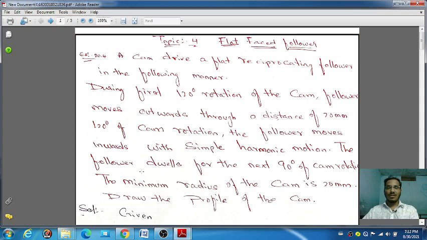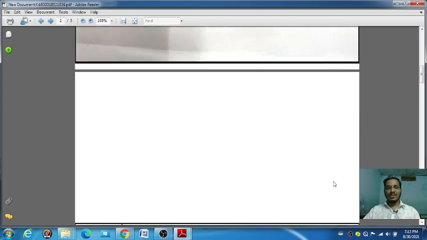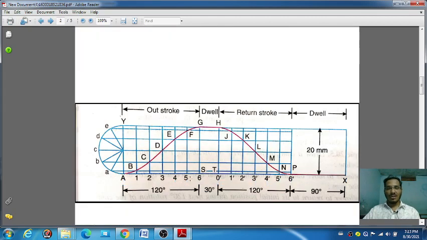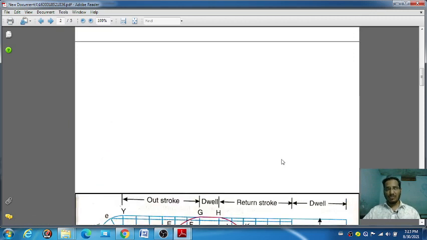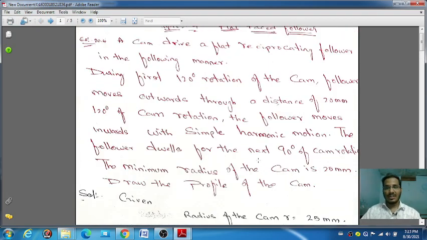Here the question is saying the follower dwells for the next 90 degrees of the cam rotation. You can see here 120 degrees is given for the outstroke, and for the return stroke the value is not given here, 30 degrees, so you have to subtract this value.